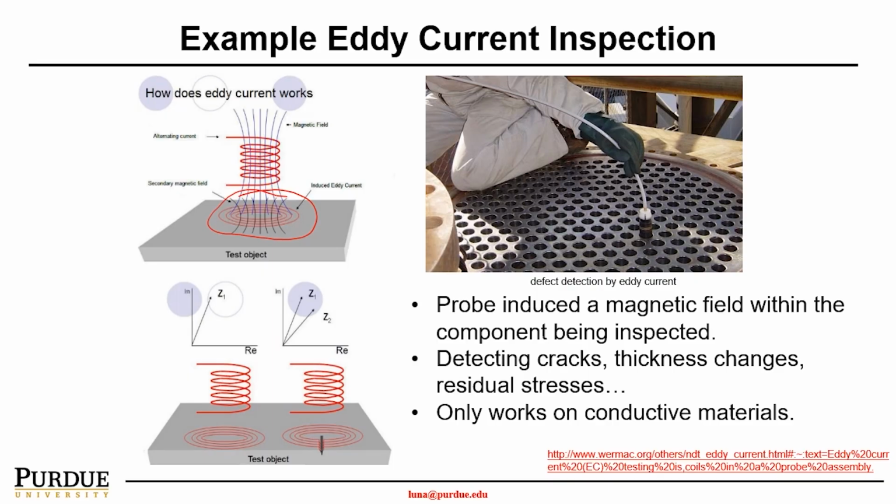By looking at the pattern of the eddy current and particularly the impedance of your eddy current, all of a sudden we have vast knowledge of the thickness of these parts, and if there is any corrosion, any crack, or what the residual stress is. So non-destructive testing methods, if you use them properly, can give us a lot of knowledge about the hidden mysteries of the parts and structures.